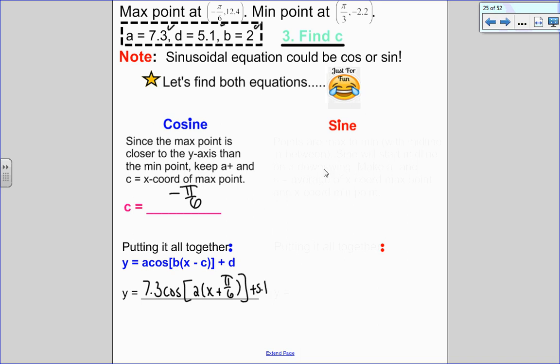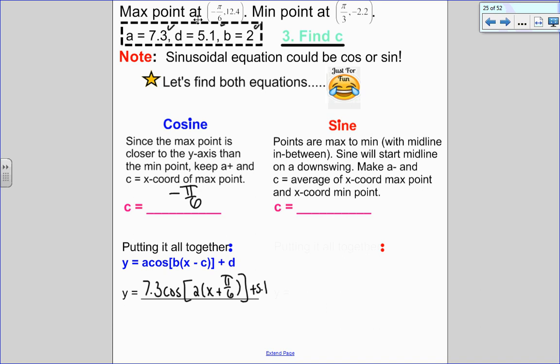Okay, let's look at sine. Now, sine is the average between max and min. So if you look at the points, they're going from max to min. The midline obviously is right in the middle. Sine starts on the midline, but you can see I'm going midline on a downswing. So since I'm going midline on a downswing, we're going to make A negative.